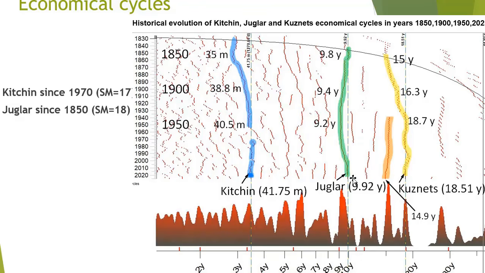Another one. You see this vertical line. This corresponds to the Juglar economic cycle. The period of the cycle is nine-something years. And you see the period of the cycle changes. But since the 1850s, this cycle has made 18 periods. So you see, the life expectancy of Juglar economic cycles is much longer, 18 periods.